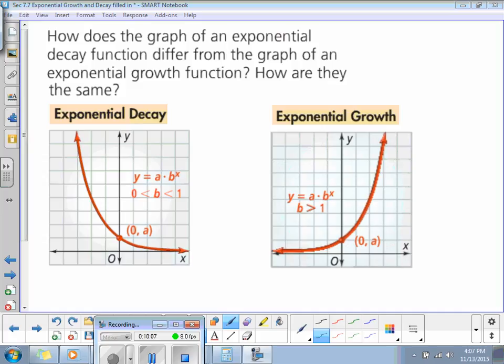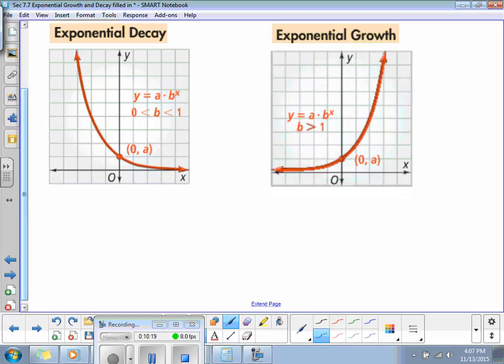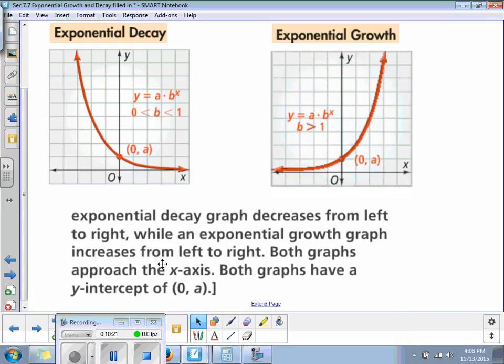So how does the graph of an exponential decay function differ from the graph of an exponential growth function? How are they the same? Well, if you take a look at the graph, the exponential decay graph decreases from left to right, while the exponential growth graph increases from left to right.